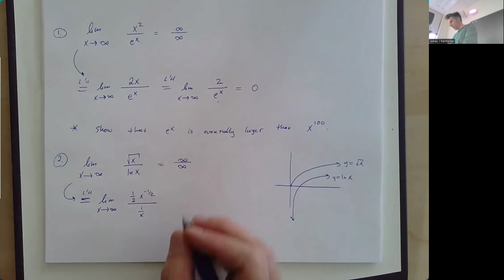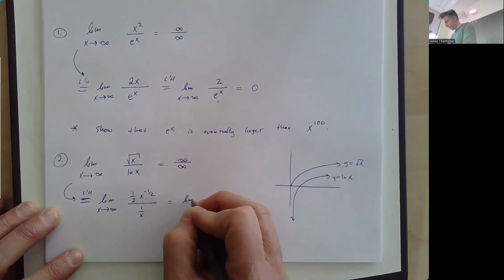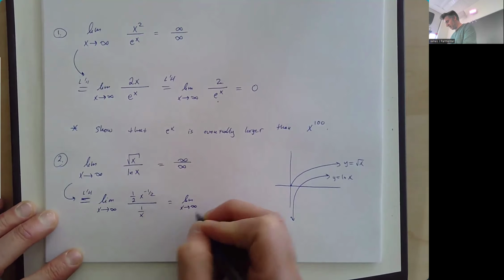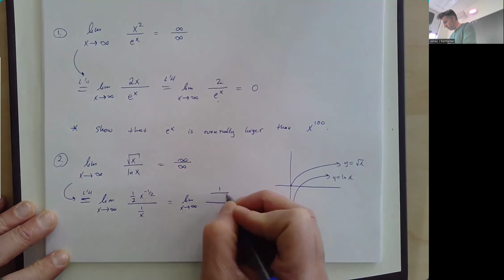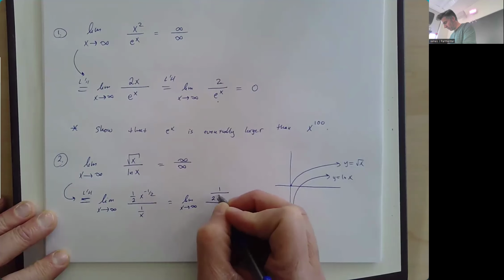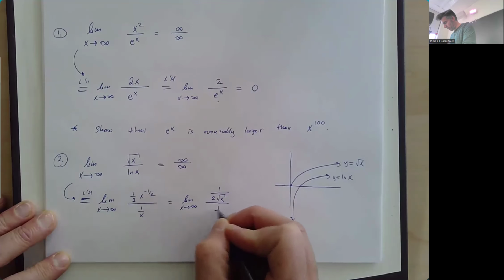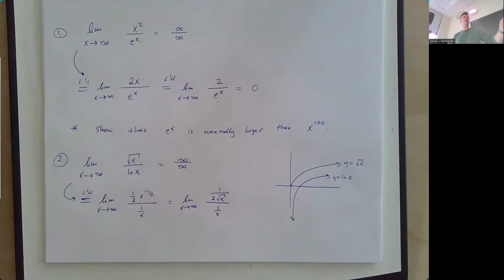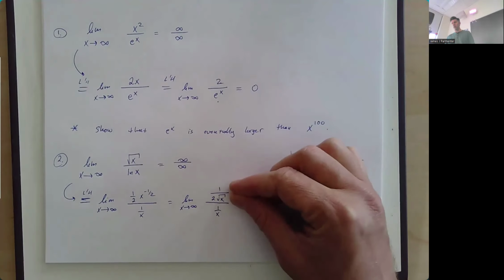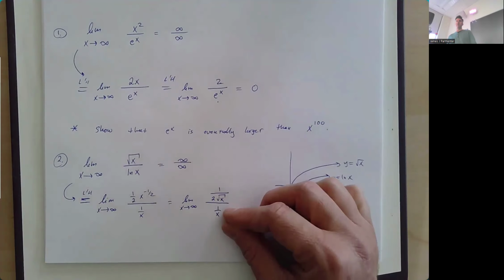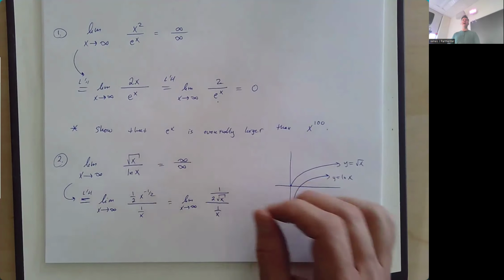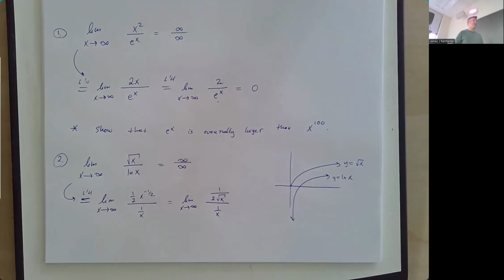And let me point something out here. I'm going to rewrite this just slightly, as 1 over 2 times the square root of x, over 1 over x. And if we just tried to evaluate it right now, we might say, well, the numerator is going to 1 over infinity, which is going to 0. And the denominator is going to 1 over infinity, which is going to 0. So you might identify this as a 0 over 0.